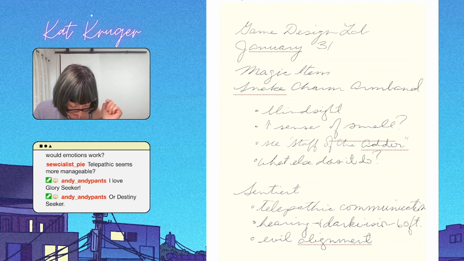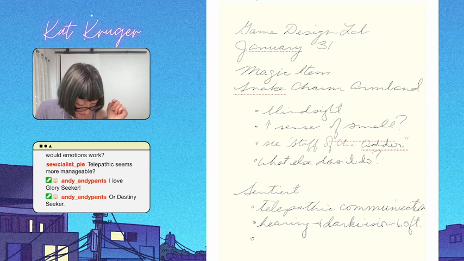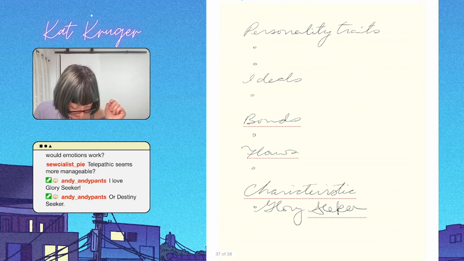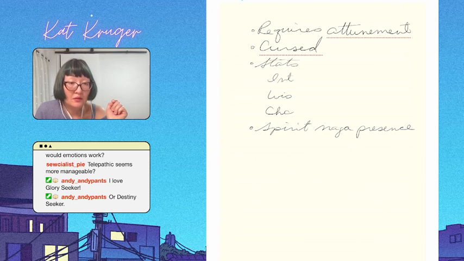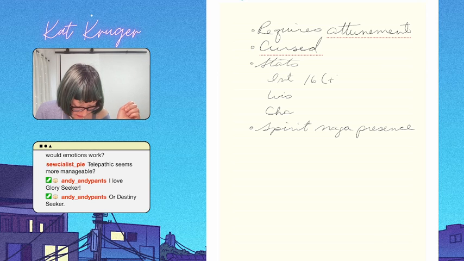So make it chaotic evil, and just borrow from the spirit naga stats here.